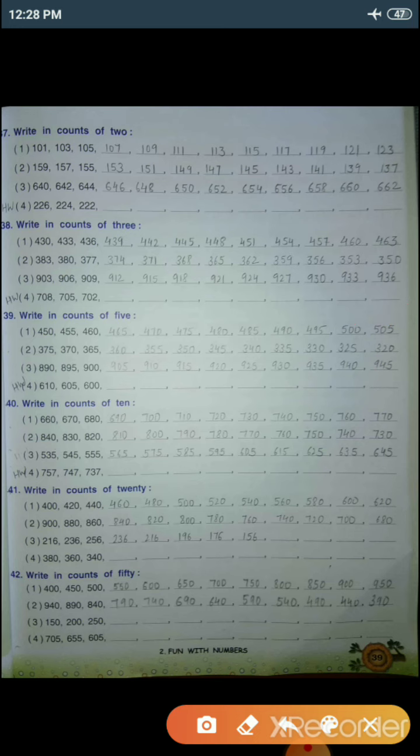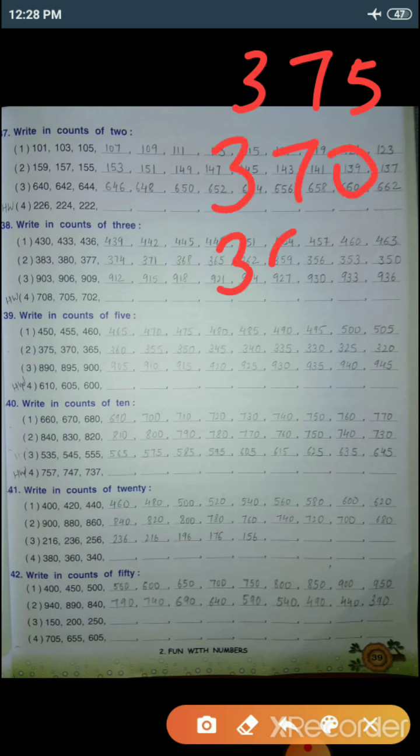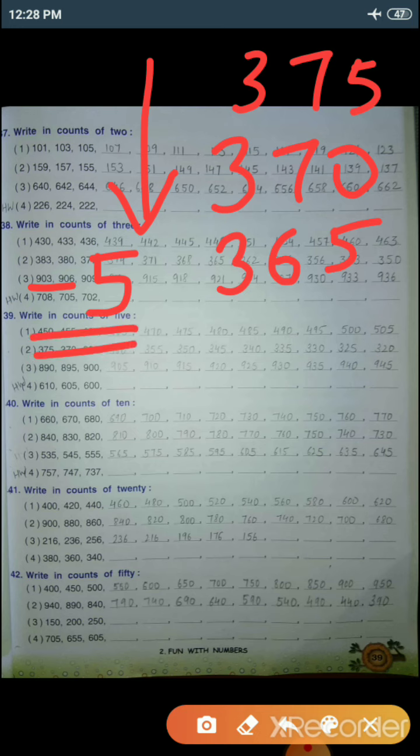Now question number 2. 375, 370, 365. The numbers were decreasing. That means they had subtracted 5 from the number. So again we are going to subtract 5 from this number. So we'll get 360.